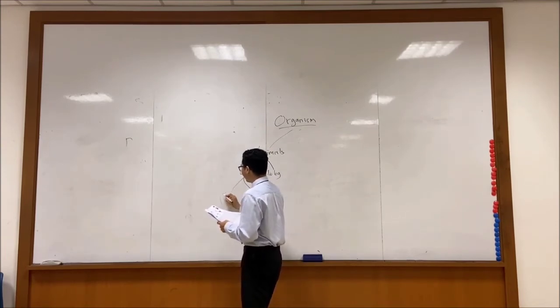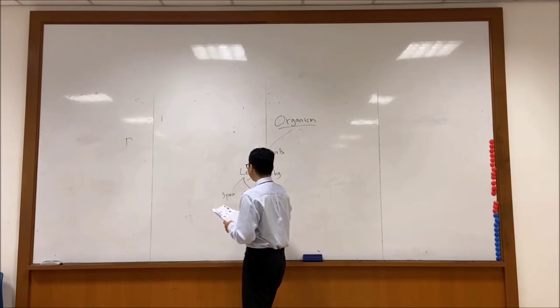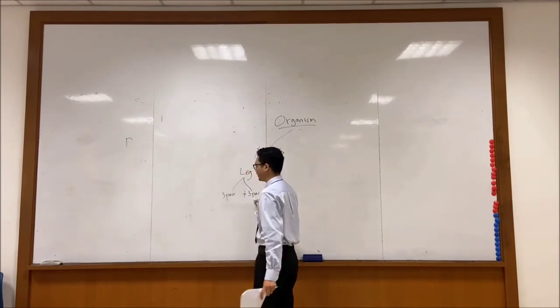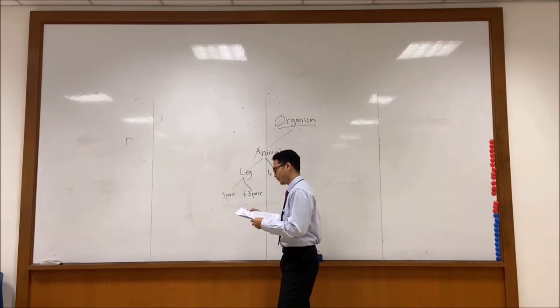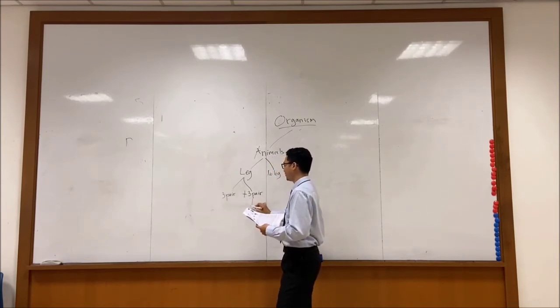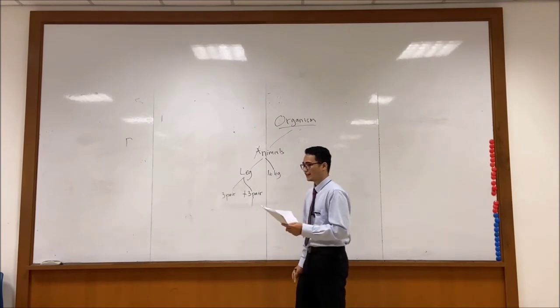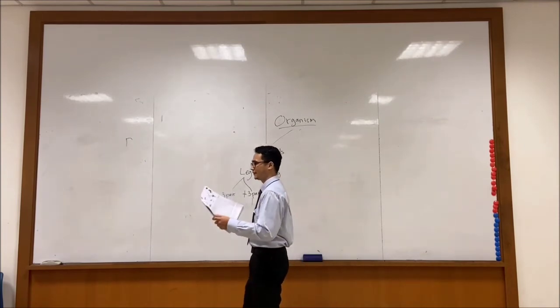Legs that have three pairs and more than three pairs. You can see in the example. The more than three pairs, what's the animal? Yeah, spider, right?